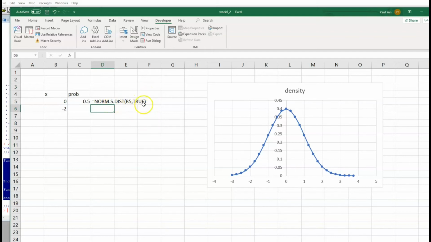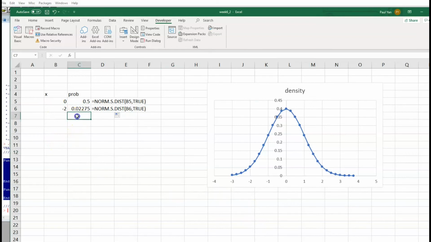The true means cumulative, and we apply the same formula. So this area is about 2.275%. So what is the complement of this one?